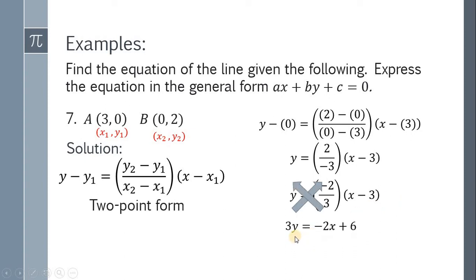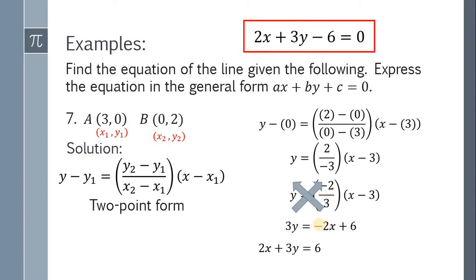So, we will have 3y is equals to negative 2x plus 6. Distribute natin yung negative 2 dun sa x minus 3. Okay, so negative 2x and positive 6. Now, yung negative 2x, since negative yung x, lipat sa kabilang side, magiging 2x plus 3y is equals to 6. And we're done.